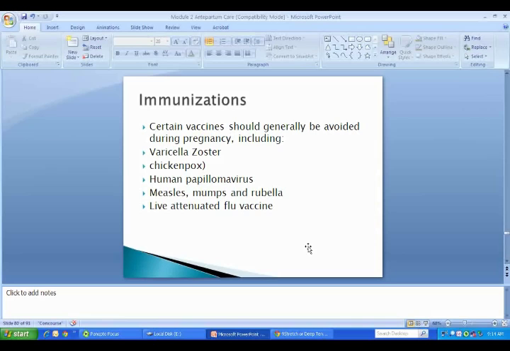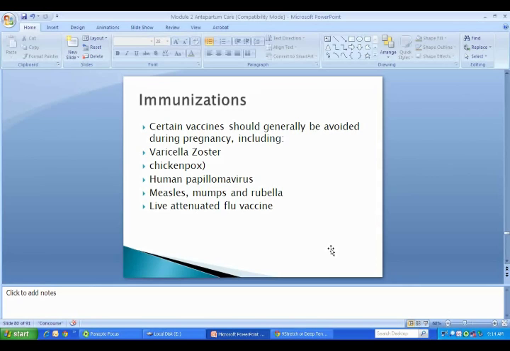That would be our HPV vaccine, chickenpox vaccine, our MMR, and the flu vaccine. They can have the killed vaccine by injection, but they cannot have the nasal one, that is the weakened one. But remember, when someone gets the injectable one, it takes a couple weeks to actually bring up the immunity.